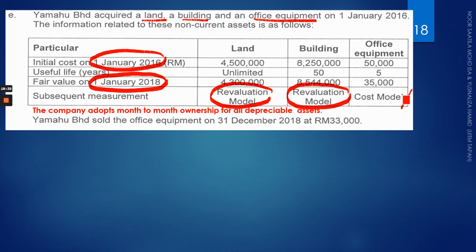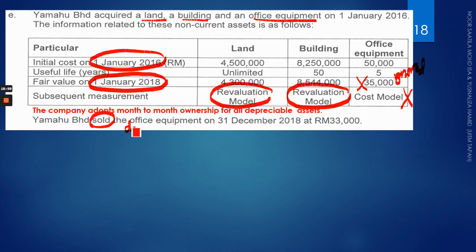Only that for this one, the cost model, it will not make use of this fair value. Why? Under the cost model, if there is any fair value, you will just ignore. Okay, for land and building, it was just about revaluation. But for office equipment, you have this information that they sold.